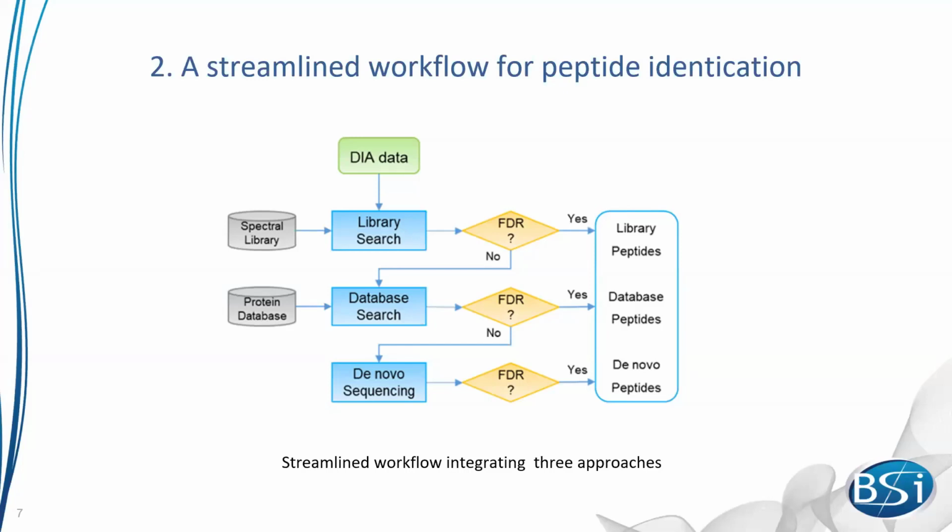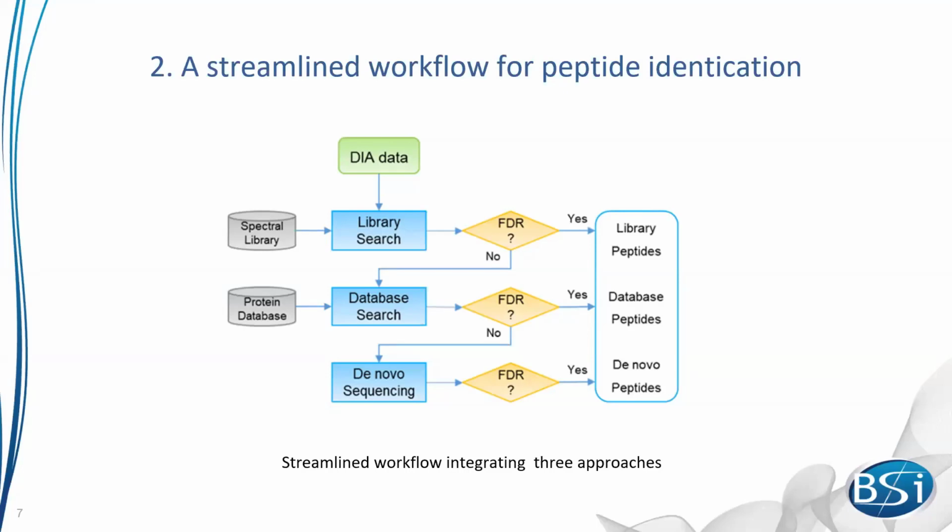Given a data set, we first check if there are any peptides in the spectral library that have evidence in the data, and we use accurate FDR control to get those peptides from the library.